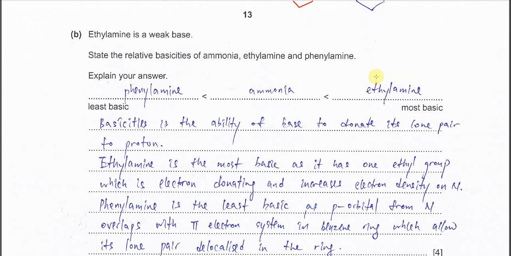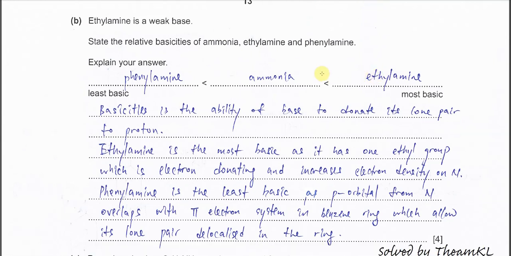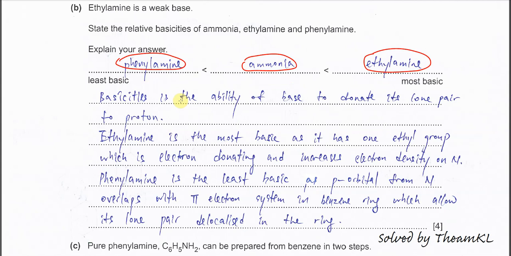Basicity is the ability of the compound, or this amine group, to donate its lone pair to the proton. First you need to state the basicity. The most basic is ethylamine, followed by ammonia, and the last one is phenylamine. Then you explain like I told you just now. Basicity is the ability of a base to donate its lone pair to the proton.